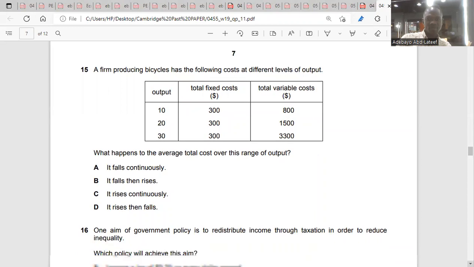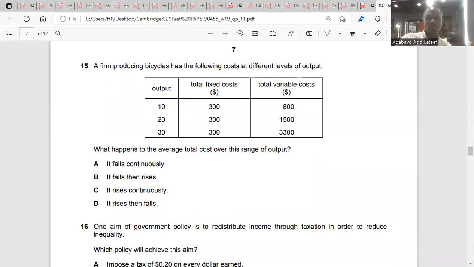Producing a bicycle has the following costs at different levels of output. What happened to the average total cost over this range of output? Total fixed cost, output of 10, the FC is 300, the VC is 800.